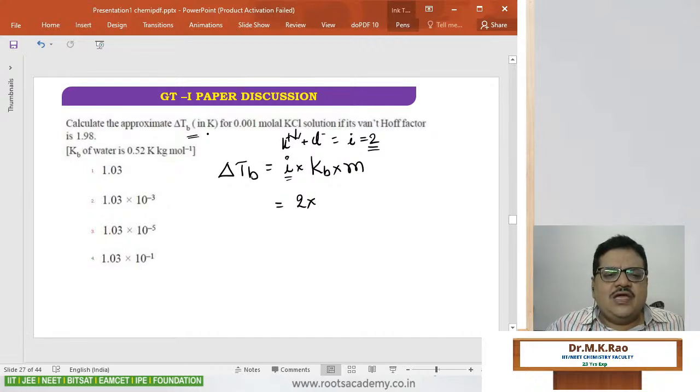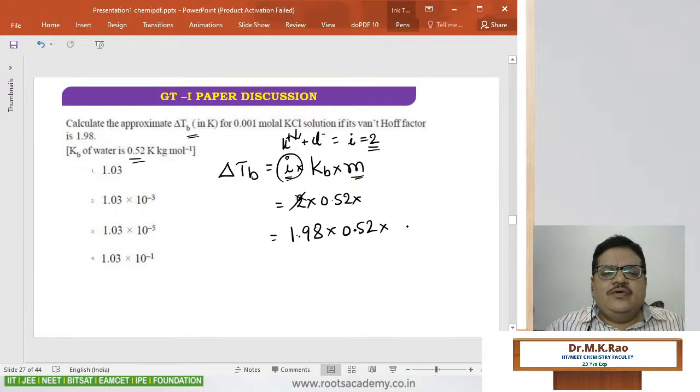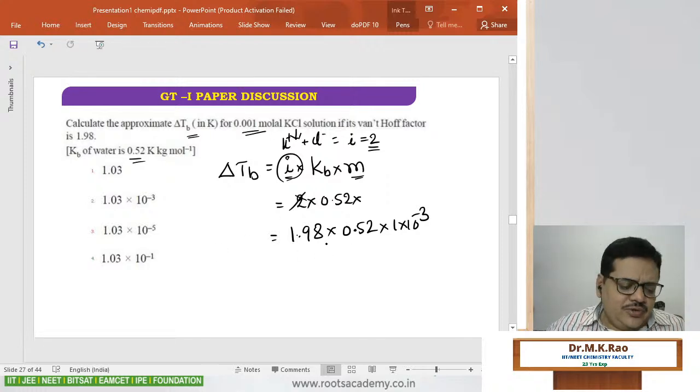What is the value of Kb? Kb is 0.52. Since the Van 't Hoff factor is given, we should not take 2. So 1.98 into 0.52 into 1 into 10 power minus 3, that is the molality. Substitute that.